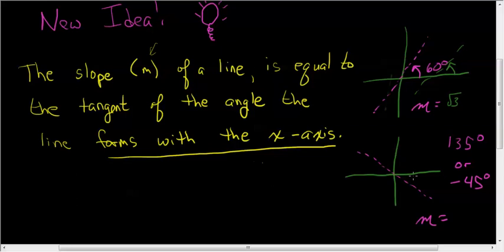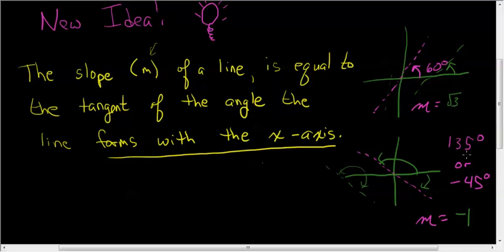135 degrees, this angle right here, you could think of it as 135 degrees, or you could think of it as negative 45 degrees, whether the line is here or whether it's shifted over here. Either way, 135 or negative 45, both of those have the slope of -1, have a tangent of -1. So the tangent of 60 is square root of 3, that's the slope of this line.